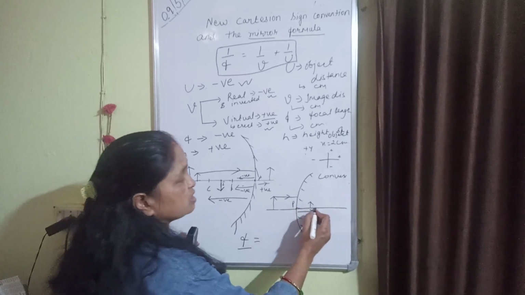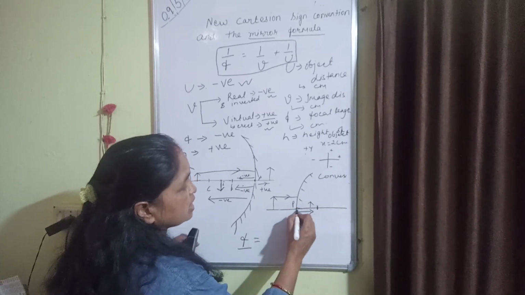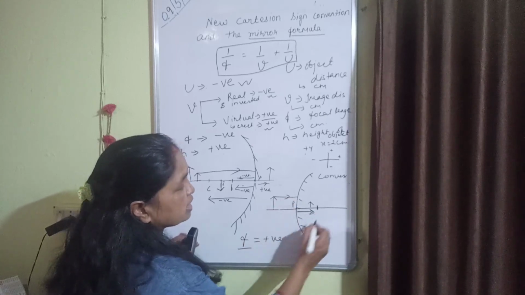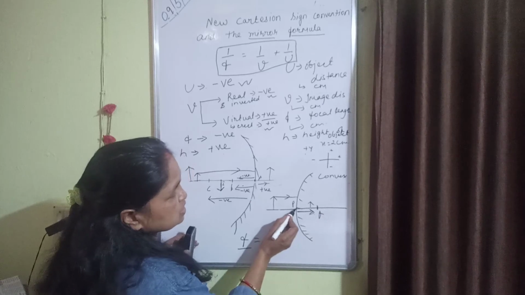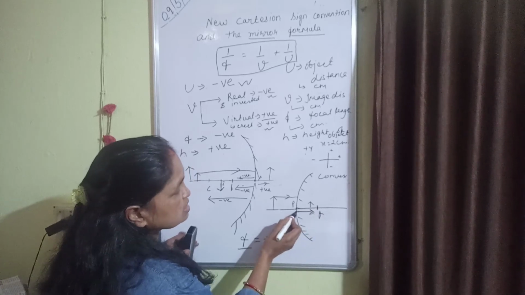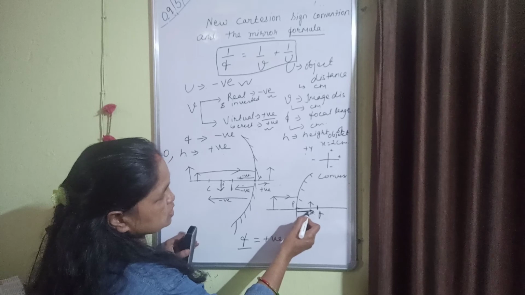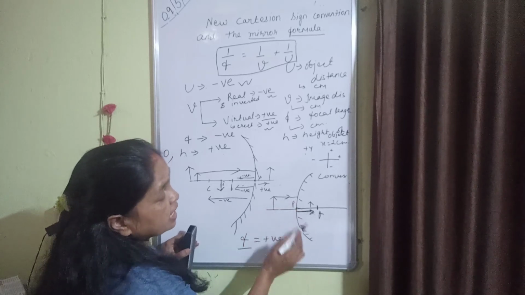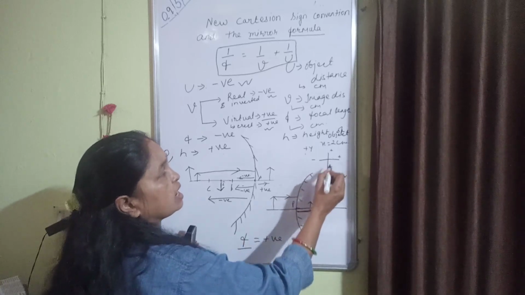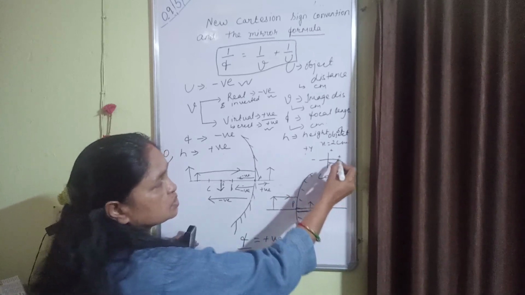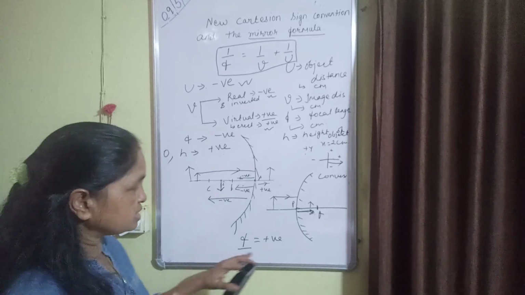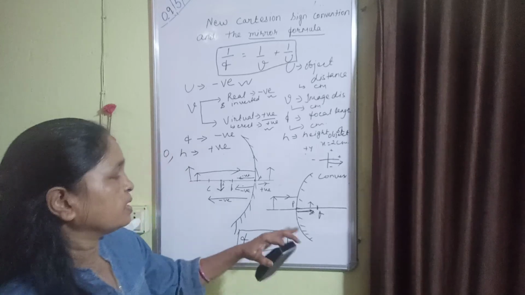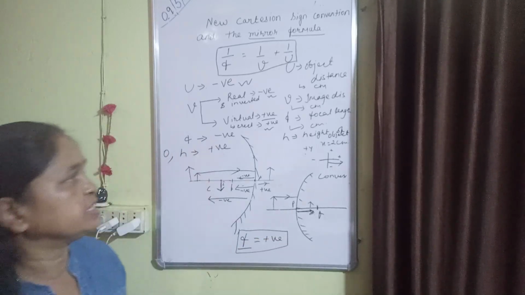For a convex mirror, the focal length is in the same direction as the incident ray, so it is positive. You start measuring from the pole to the focus, and when you compare with the graph, you will find it is going to the positive x-axis. So the only difference: for a convex mirror, F is positive, and for a concave mirror, F is negative.